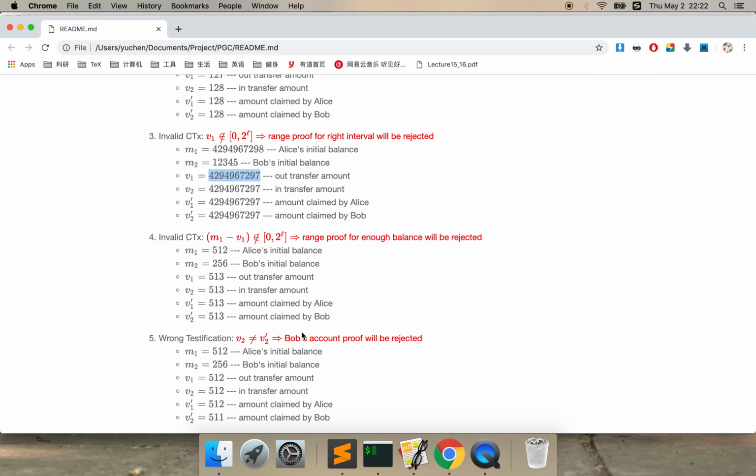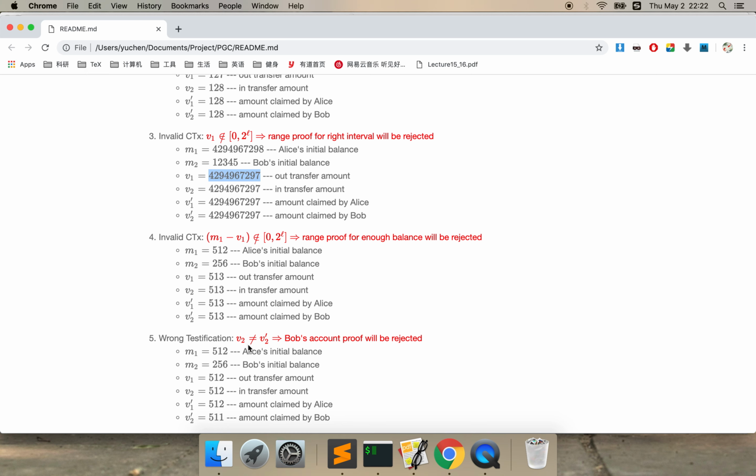Now let's show the last case. In this case, Bob received a confidential transaction in which the transfer amount should be 512, but Bob tried to claim that it only encrypts 511.